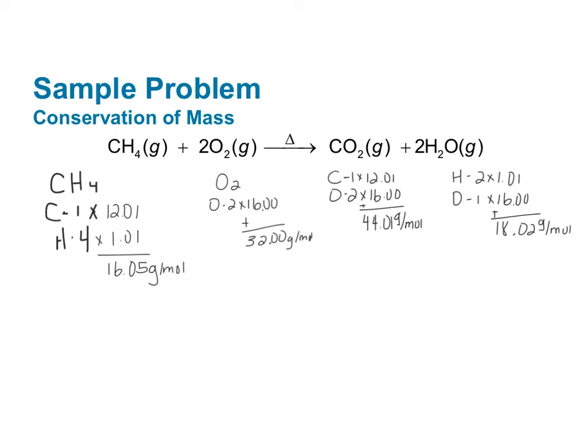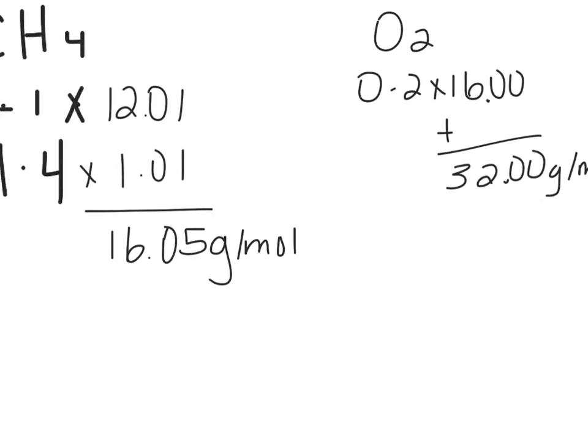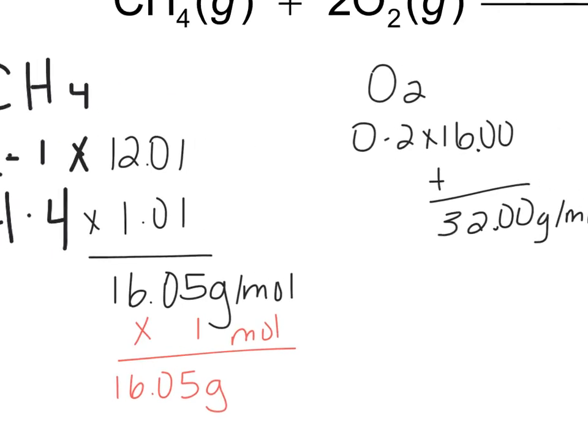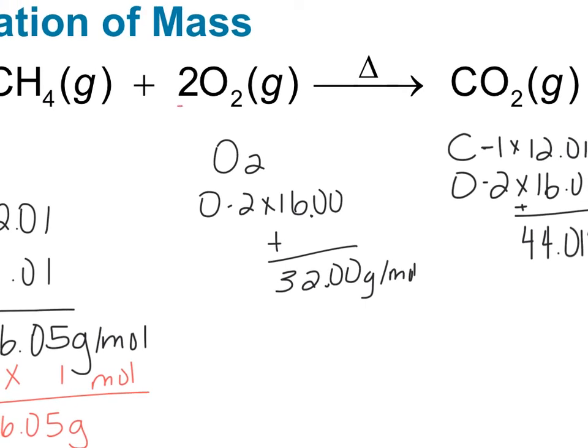If I then come in and multiply by the number of moles, or the coefficients from the balanced equation, so for CH4, that would be 1 mole, so it's 16.05 grams. For oxygen, because the coefficient is 2, I multiply that by 2 moles, and that is 64 grams.